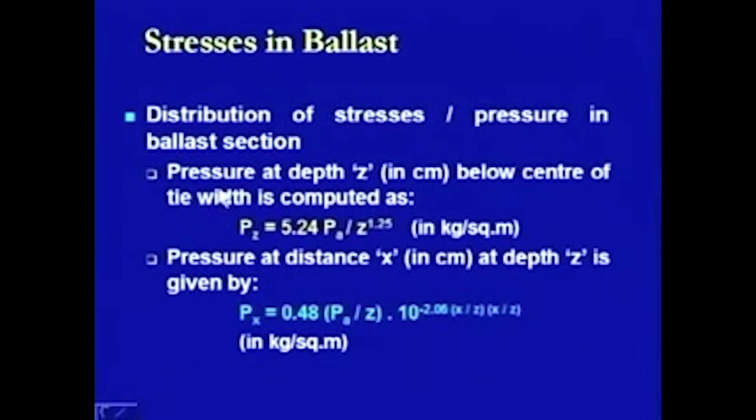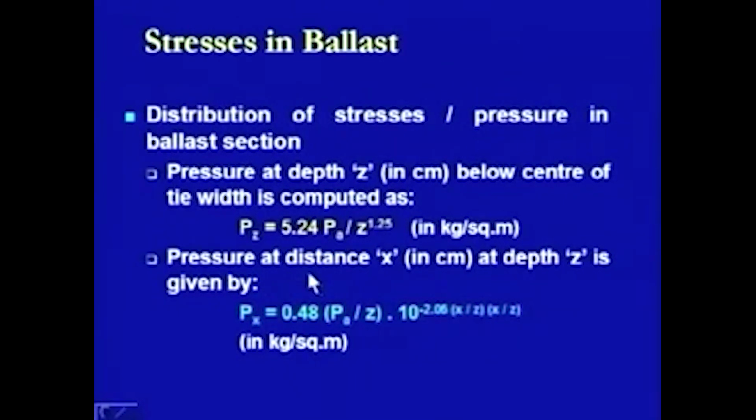Then the pressure at a depth Z below the center of the width can be computed by using this formula: 5.24 Pa divided by Z raised to the power 1.25, where Z is the depth up to which we are interested in computing this stress, and Pa as calculated before.